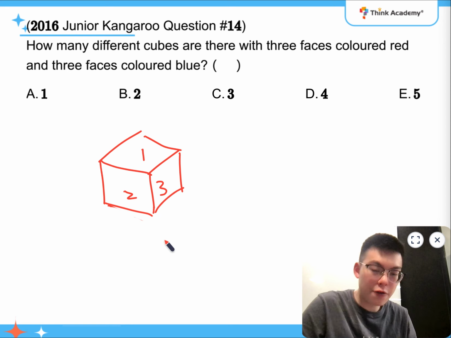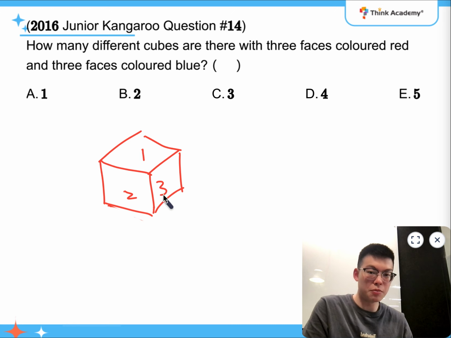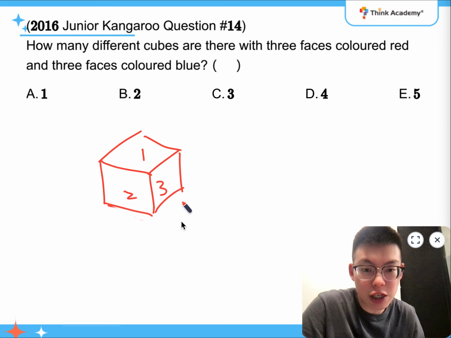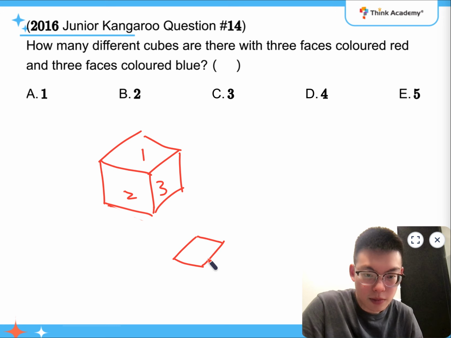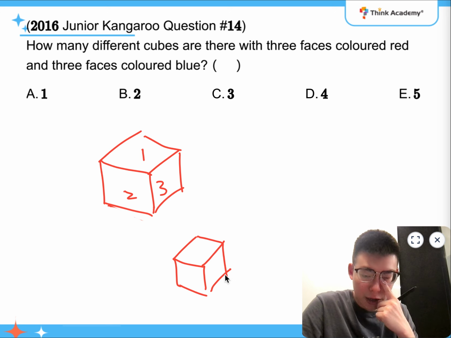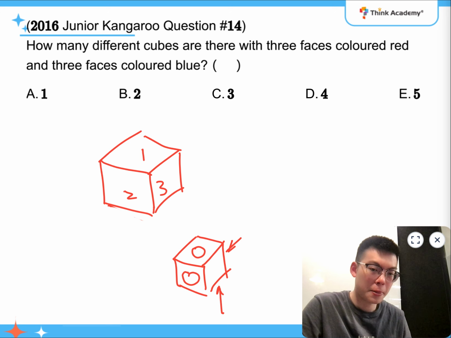And then if, say for example, I want to hide one of the faces, which I won't be able to see, then what can I do? So basically, it means that one of the faces is going to be removed and put to either the opposite of this face or the opposite of the top face, right?